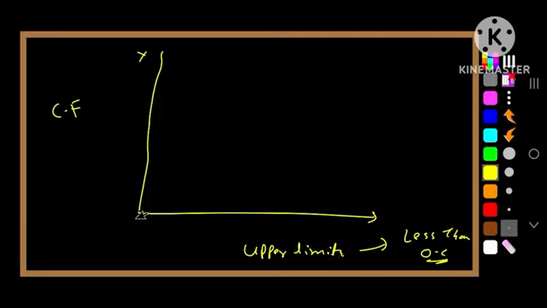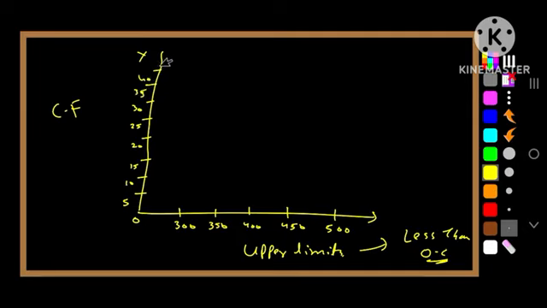I am taking the values 300, 350, 400, 450 and 500 on the x-axis. Similarly on the y-axis I am taking the values 5, 10, 15, 20, 25, 30, 35, 40, 45 and 50.